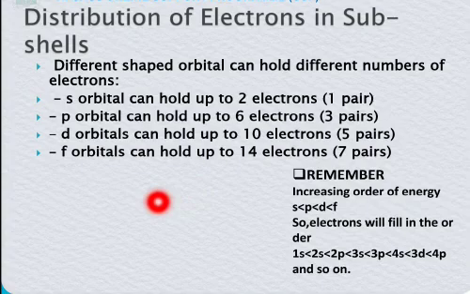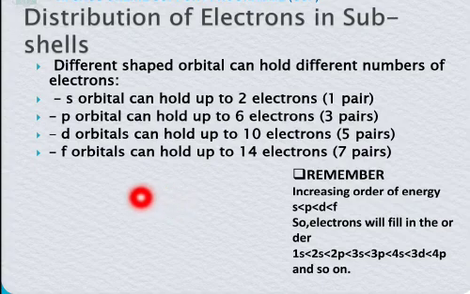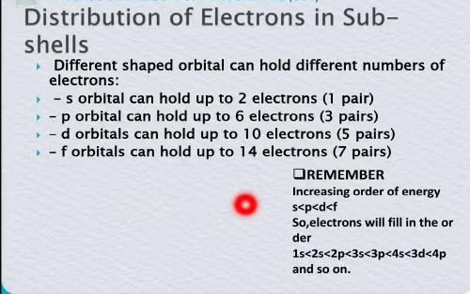Starting from 1s, it goes 1s, 2s, 2p, 3s, 3p, 4s, and then 3d. What you are observing here is that 4s is filled before 3d. The reason is that s shells have lower energy and d shells have higher energy. So 4s, because of smaller energy, will be filled first as compared to the 3d subshell.